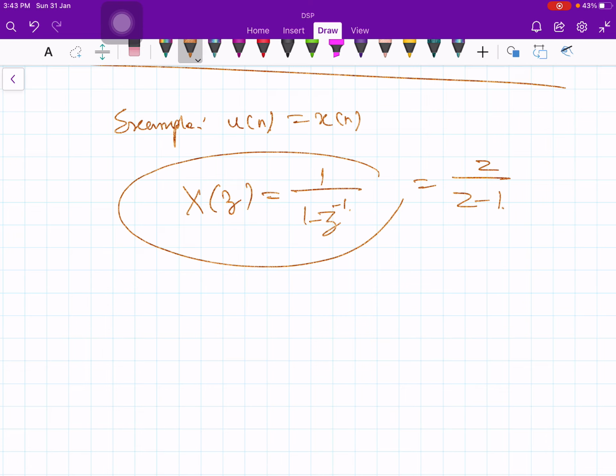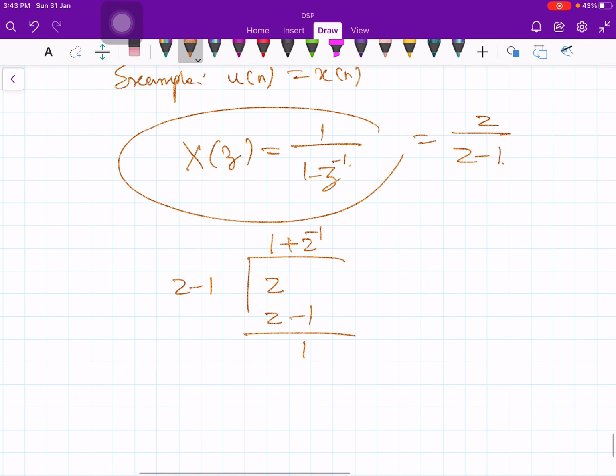Now this I can write as Z divided by Z minus 1. Now you take the long division: Z divided by Z minus 1. If you subtract, then it is plus 1. Multiply by Z inverse, then it becomes 1 minus Z inverse.